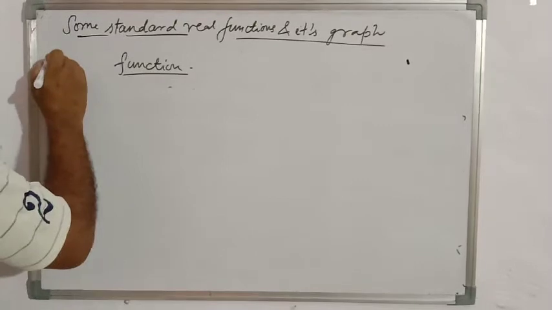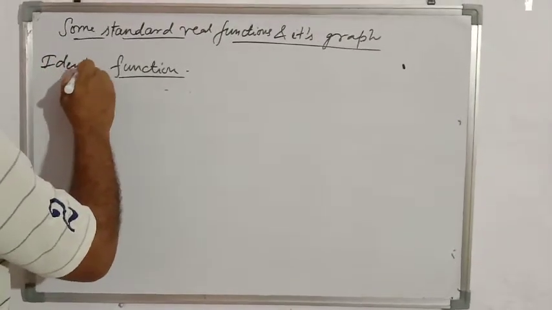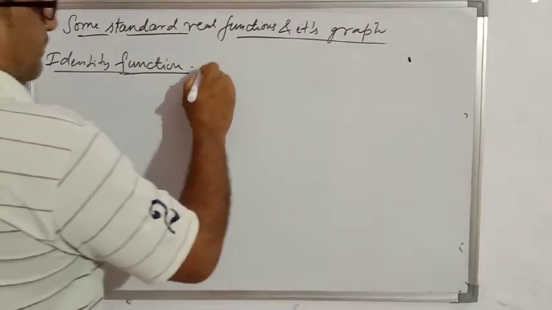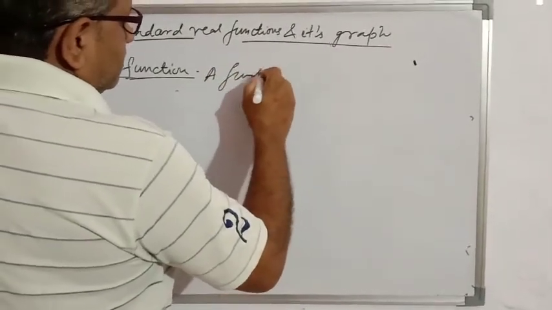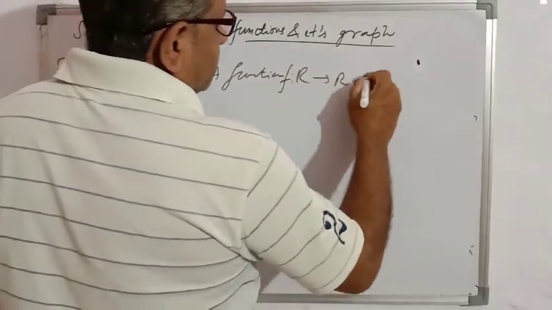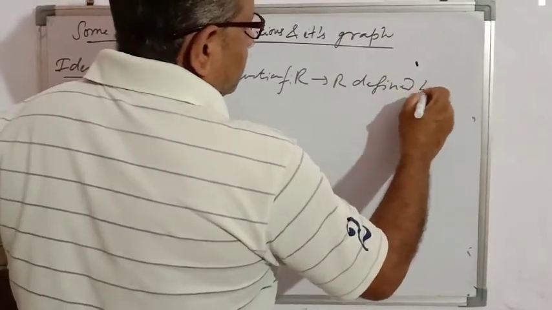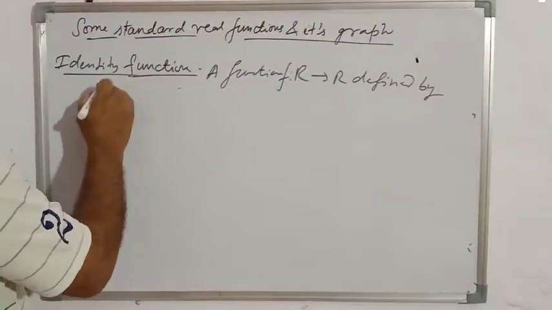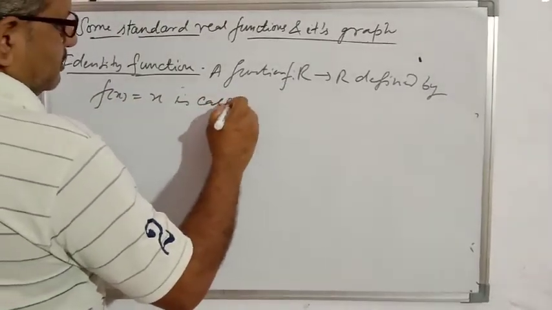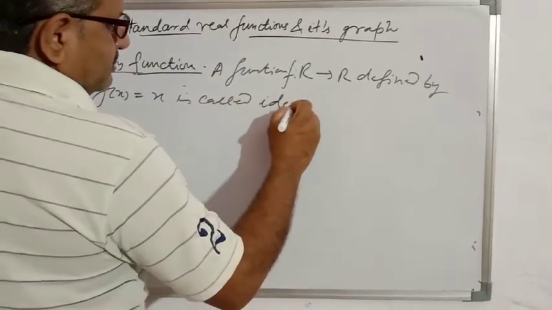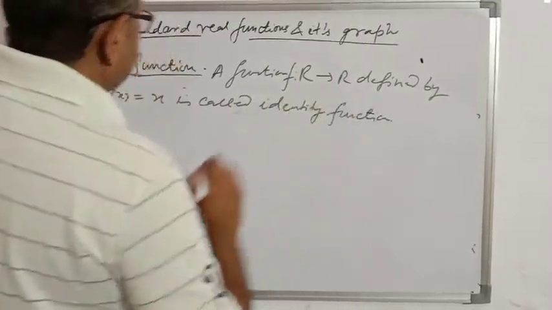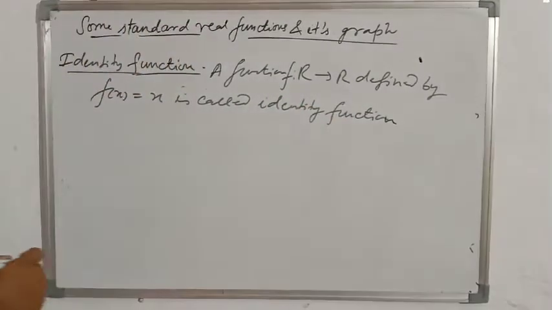The next function is the identity function. A function f defined from R to R by f(x) = x is called the identity function.